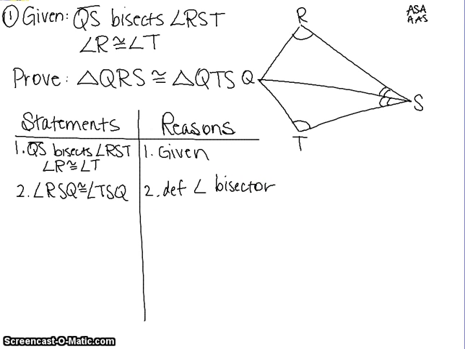So we got two angles. Now we just got to look for a side. Well, we're not given any other information, but I don't know if you noticed, when I look at that, I see a side that those two triangles share. And guess what? That is QS. So QS is congruent to itself. Remember, when anything is congruent to itself, that is reflexive.